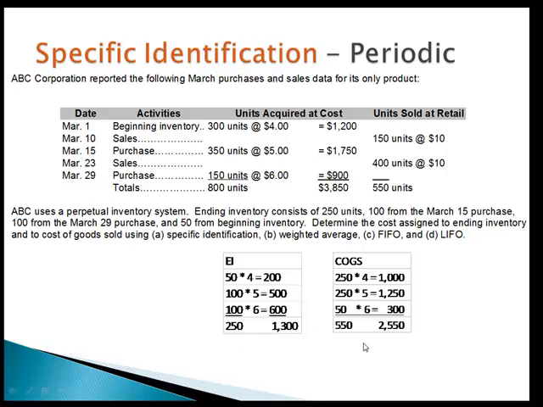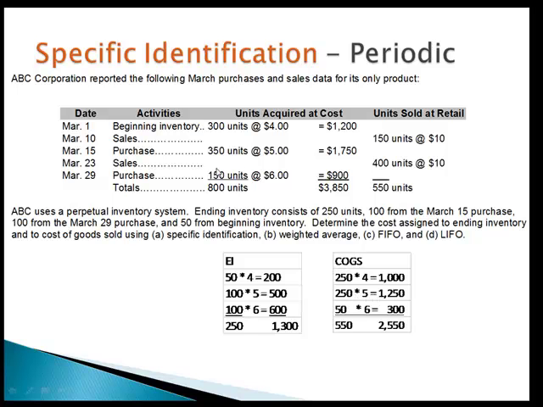Cost of goods sold is essentially what didn't stick in ending inventory. So 50 units are left from the beginning inventory, then 250 got sold at $4. If 100 were left in ending inventory from the $5 tier, 250 must have been sold from the $5 tier.